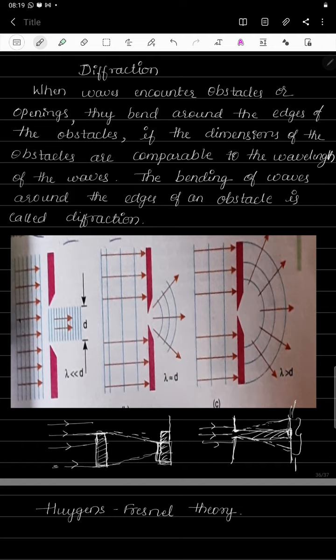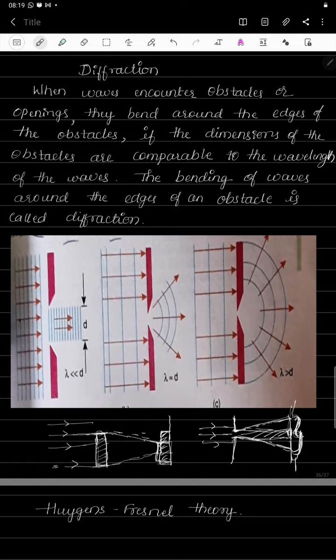Because of this phenomenon, bending of light waves around the edge of the obstacle or opening, at the edge of the opening the light bends and enters the shadow region. Above there is the geometrical shadow region, below also there is shadow region. The light wave enters the shadow region, and over this region there will be the light.